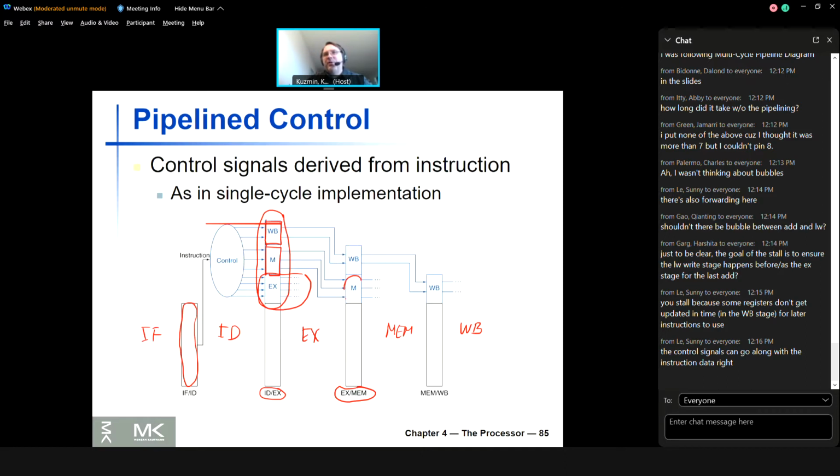So for M, memory, which is the immediately next stage, and write back, which is not going to be used immediately, but will be used later in the last stage. Similarly, after the MEM stage, we no longer need to keep the memory control signals, so we do not carry them forward. We just keep write back because they are needed for the last stage.